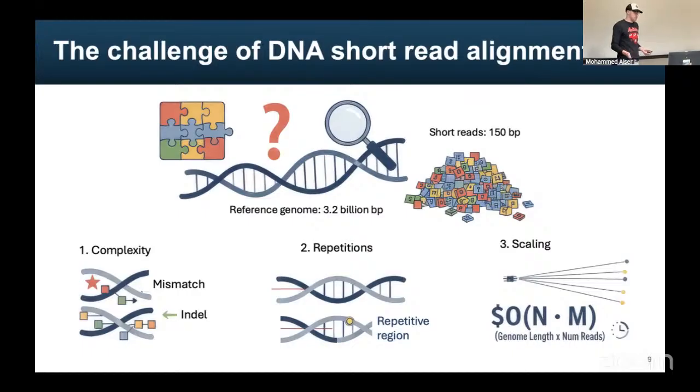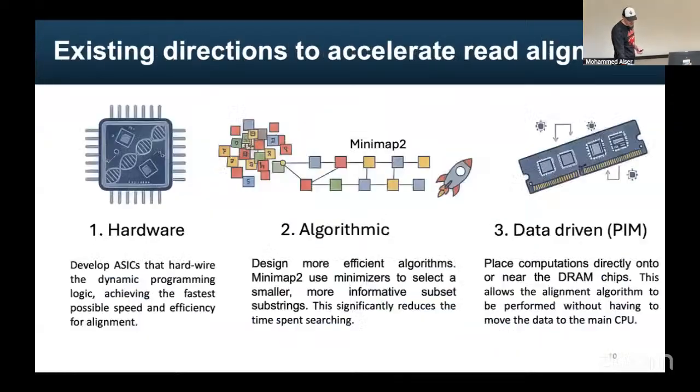So this is a very complex mathematical problem, and a lot of effort is being made to accelerate read alignment. And we will show you 3 different directions for how we can accelerate this.